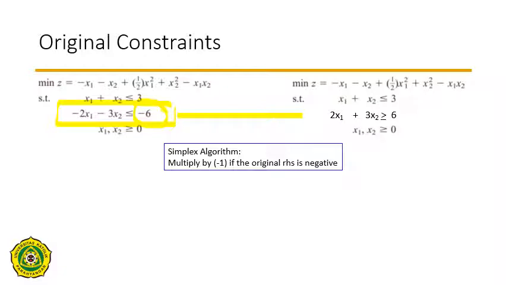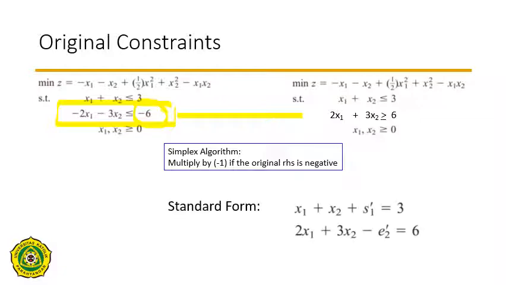Okay, and then from here we proceed by converting it into standard form. As usual, if you have less than or equal to, you add plus S1. If you have greater than or equal to, you put minus E2.